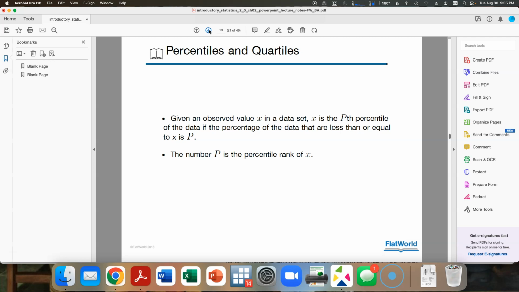So the number p would then essentially be the percentile rank of x. What happens is that we typically take the percentiles that would split all the data into fourths, and we call that the quartiles, which is here.